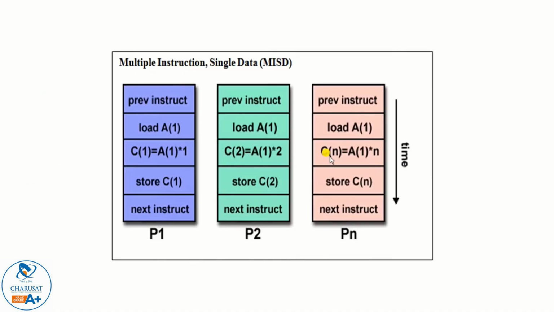So that is the example of MISD. You can see processors P1, P2 up to Pn, each with its own instruction, all working with a single data element A1. Then that is called MISD.